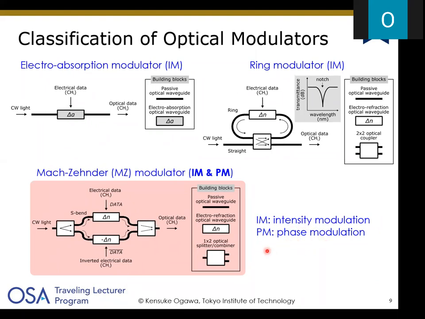Both types of modulation are realized with this one modulator. So this is most useful in optical modulation in optical fiber communication systems. The reason the community utilizes the Mach-Zehnder interferometer so heavily is that with just this one modulator, you can do intensity modulation and phase modulation.